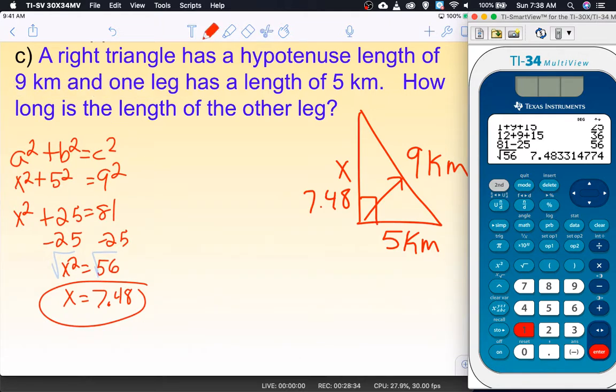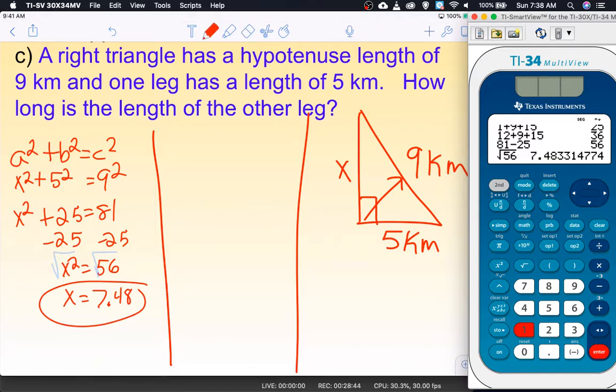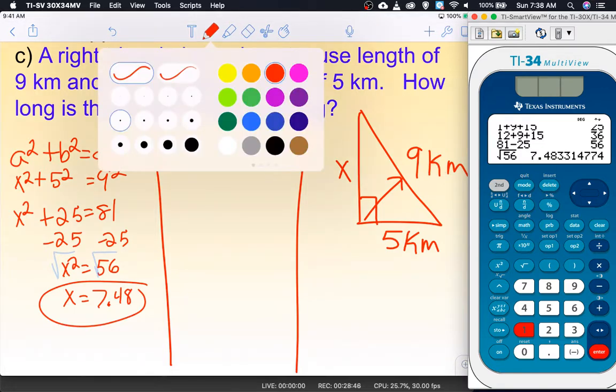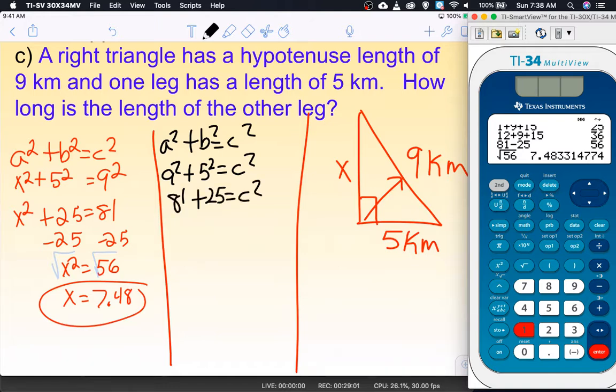Now, if you would plug in this 9 for the wrong spot, like we knew the hypotenuse, we knew the longest side was 9, but here's kind of a mistake that some people make. So if you did a squared plus b squared equals c squared, some people just throw the numbers always in for the a and the b. 81 plus 25 equals c squared.